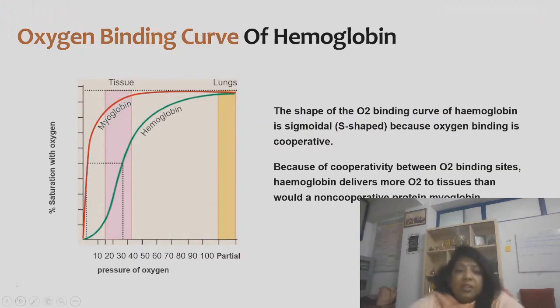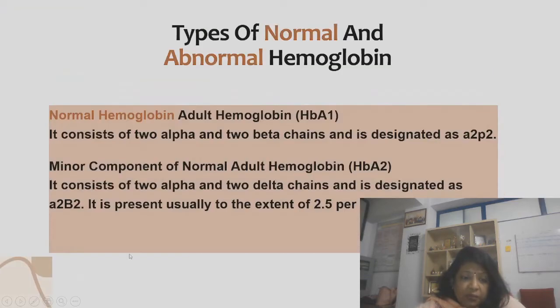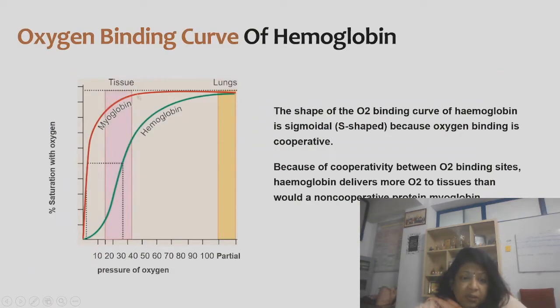Now we come to the oxygen binding curve of hemoglobin. This is the hemoglobin oxygen binding curve. The shape of the oxygen binding curve of hemoglobin is sigmoidal, and a sigmoidal curve shows the cooperativity.